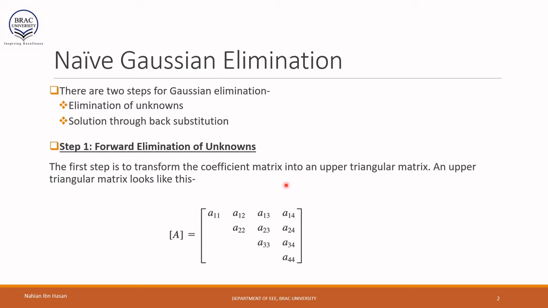Once we get the coefficient matrix, in the first step of the naive Gaussian elimination method, we are going to transform that coefficient matrix into an upper triangular matrix. So from our original coefficient matrix, we are going to find a new, modified matrix, which is an upper triangular matrix, a modified version of the coefficient matrix.